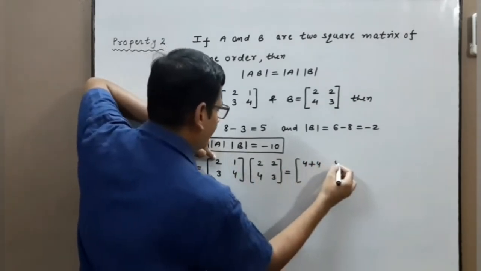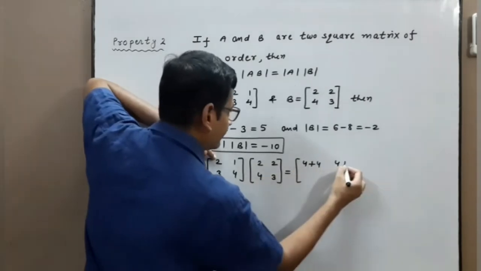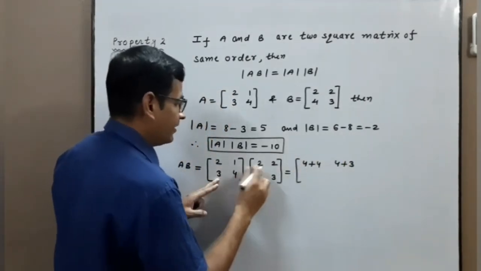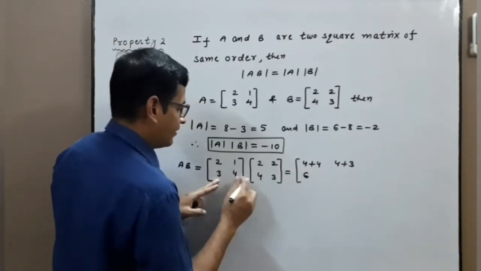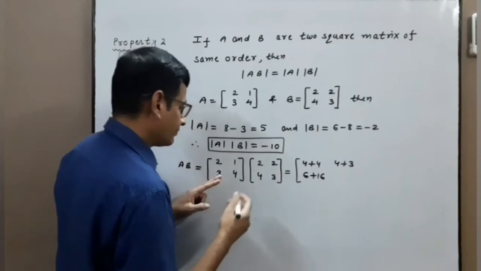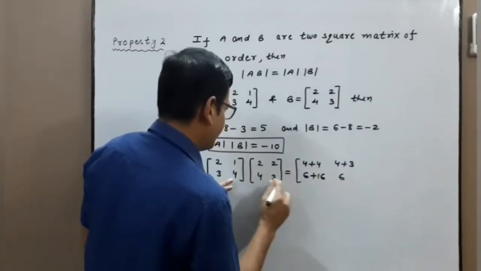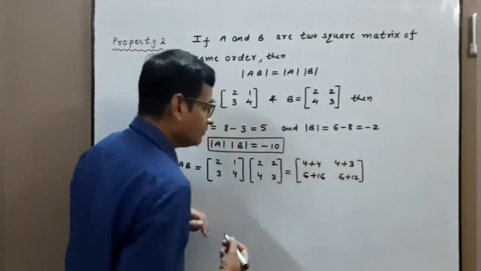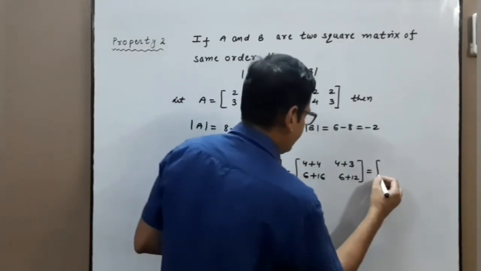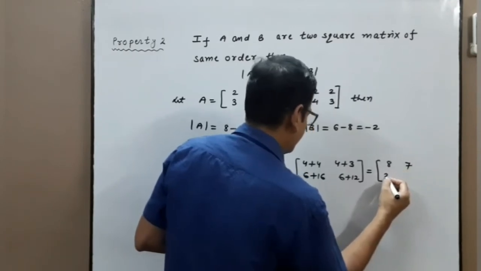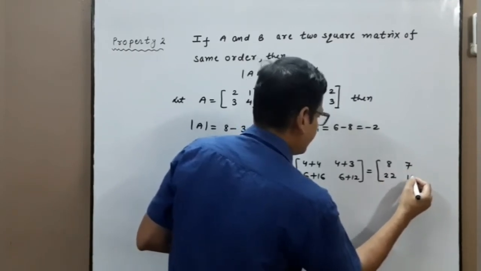Now 2 into 2, 4, plus 3 into 3. Now R2 into C1, 1 into 2, 2 plus 4 4s are 16. 1 into 2, 2, plus 4 3s are 12. Now simplify: 8, 7, 22 and 18.